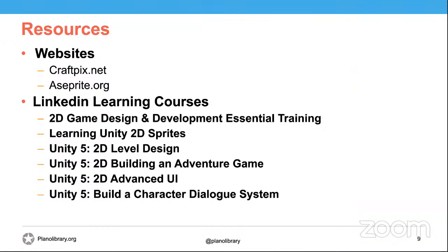I mentioned CraftPix earlier because that is where you can get a lot of free to use, already pre-made sprites. The next one is aseprite.org. That website in particular is made for if you want to draw in a particular sprite format that's not Photoshop. Not everyone has Photoshop. They do have things like GIMP as well as this website that are free alternatives to Photoshop you can use to draw your characters out.